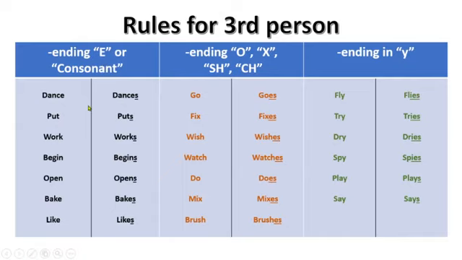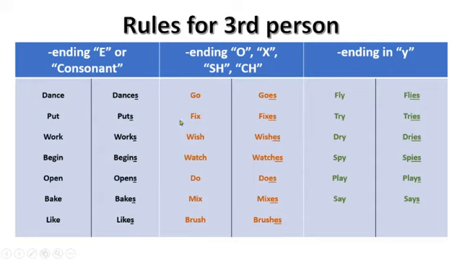The rule says that you have to add just the letter s at the end of the verb in order to change it into third person. For example, dance, dances, put, puts, work, works, begin, begins, open, opens, bake, bakes, and like, likes.